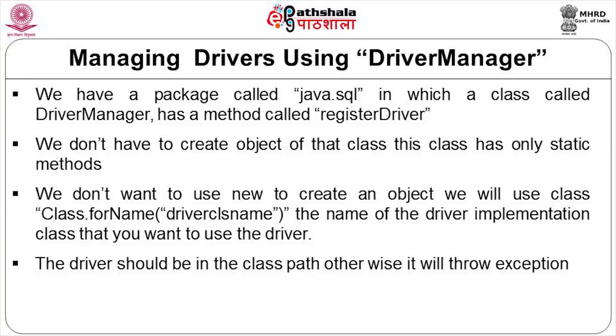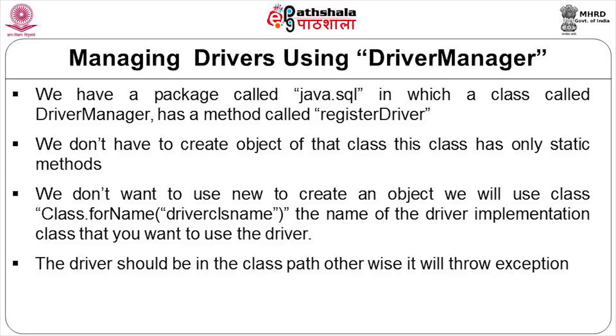If you hardcode it here, that would again require changing. So don't hardcode. It's not advised that when you say Class.forName, you put the name of the class in double quotes, because that would mean if you want to change the JDBC driver, you need to recompile your code. No, we are not interested in that. So normally you should read the name of the class from a configuration file and use it here. So that was one part where we are dependent on which JDBC driver you are using. We need to know the name of the class.